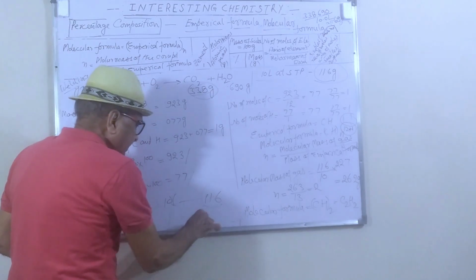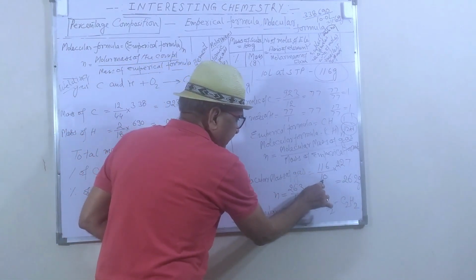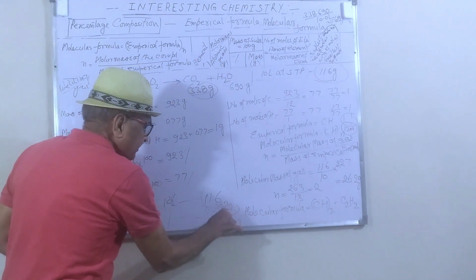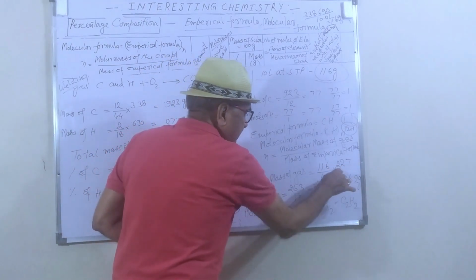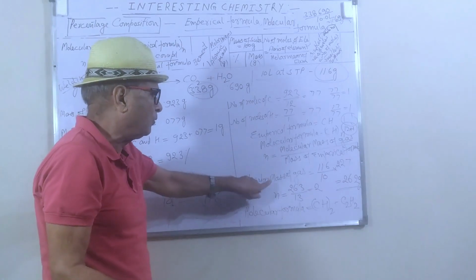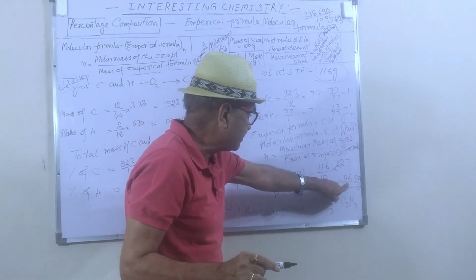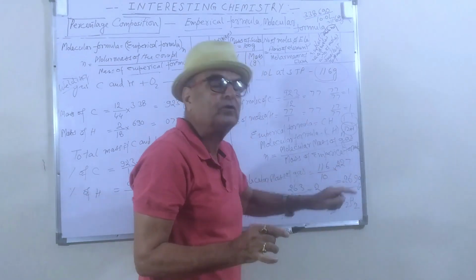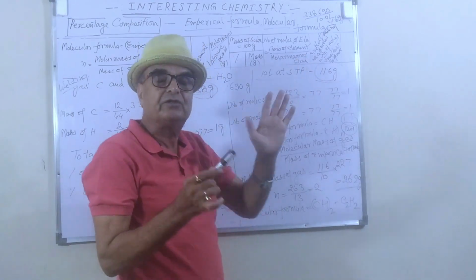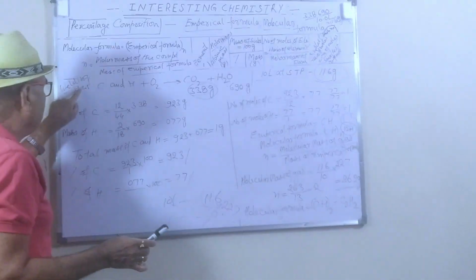So for 1 liter, 11.6 upon 10, and you have to calculate for 22.7 liter. So this will be the molecular mass of that gas, which is 26.2 gram. From this data, you can calculate the molecular mass of this welding gas.